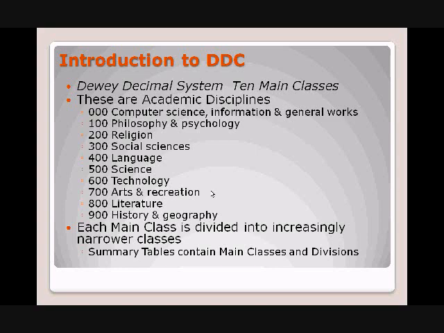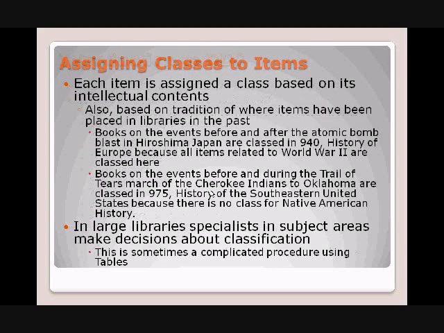Also, classification is based on a tradition of where items have been placed in the libraries in the past. So, for example, books on the events before and after the atomic bomb blast in Hiroshima, Japan, are actually in 940 History of Europe because all items related to World War II are actually classed here.